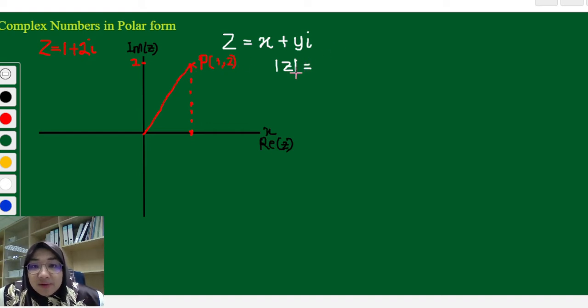So the length of the z ni adalah the modulus of z, or we call it the radius in polar coordinate. So it's equal to the square root of x square plus y square.